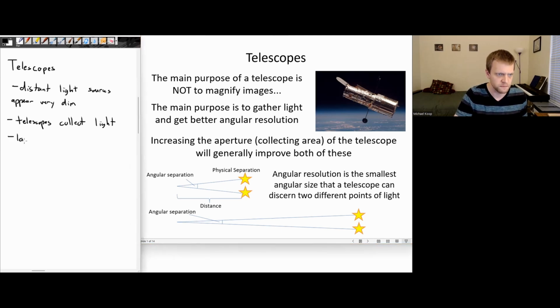So large telescopes collect more light and have better resolution.